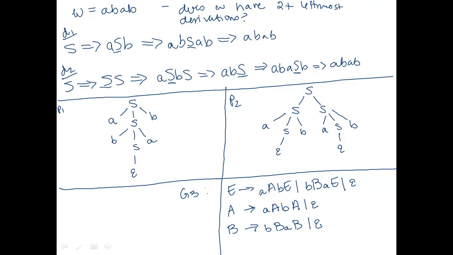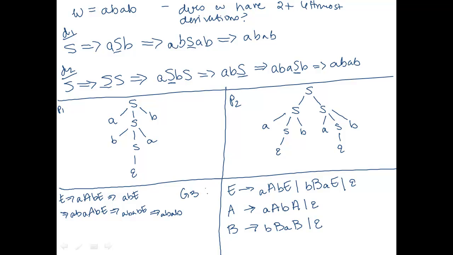So the derivation would look something like E goes to A, B, E, goes to A, B, E. So doing leftmost, that's going to yield A, B. We replace with A, B, E. And that yields, if we replace the A by epsilon, A, B, E. And then if we replace the E by epsilon, we end up with AB, AB.